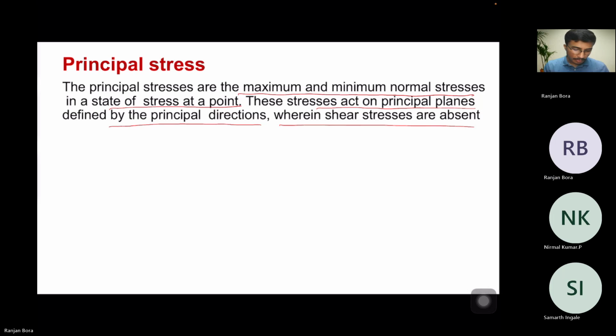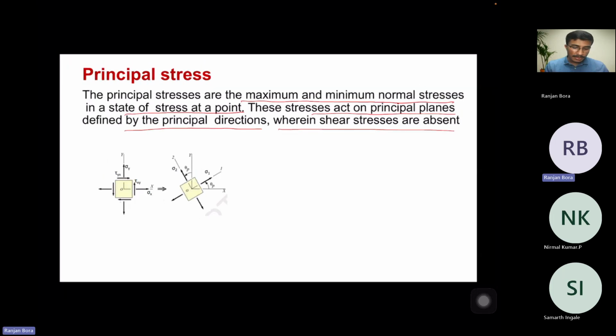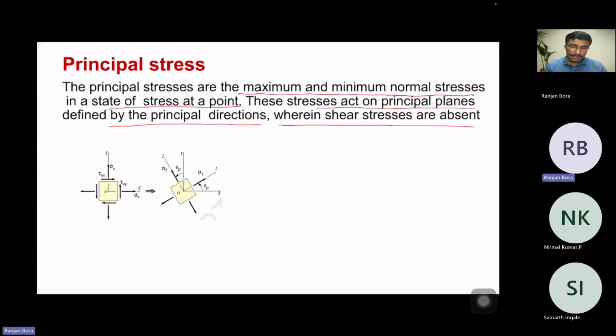It means in the plane in which there is only normal stress and no shear stress, that normal stress is a principal stress. Like for this example, you can see there is only normal stress acting on this plane. There is no shear stress acting. So this sigma 1 is a principal stress.